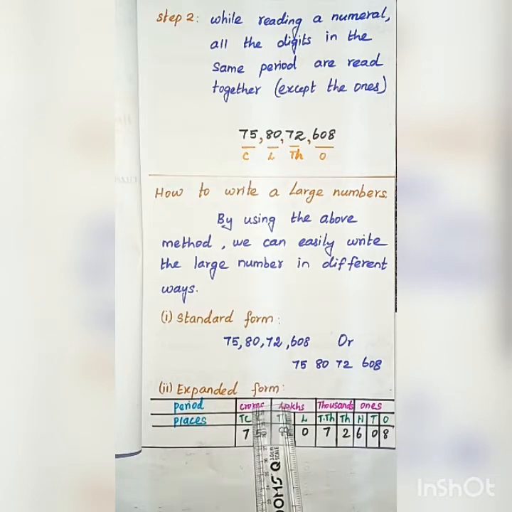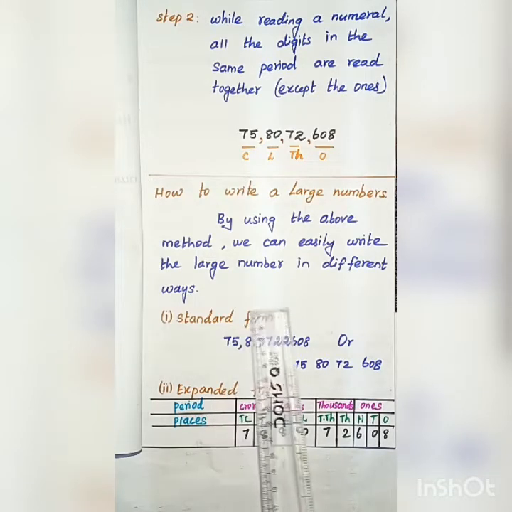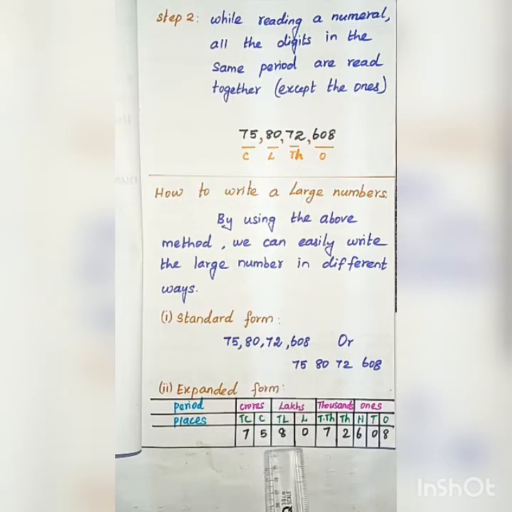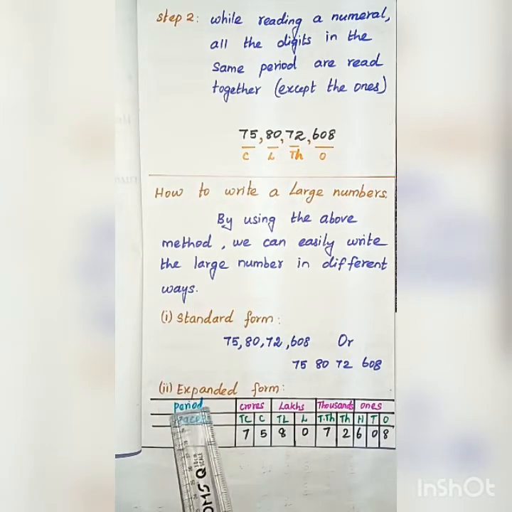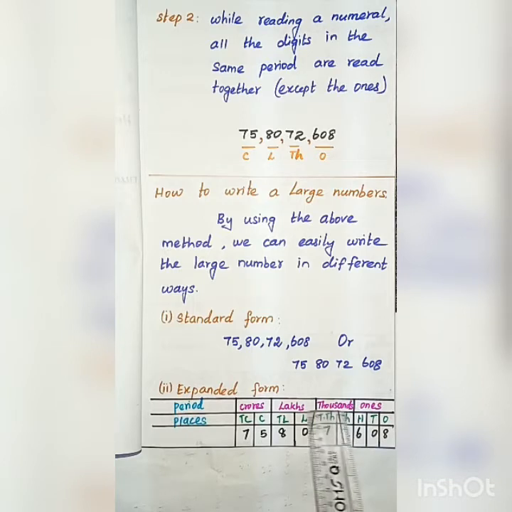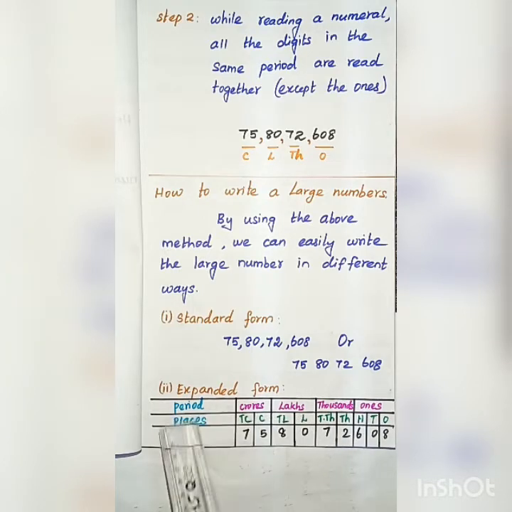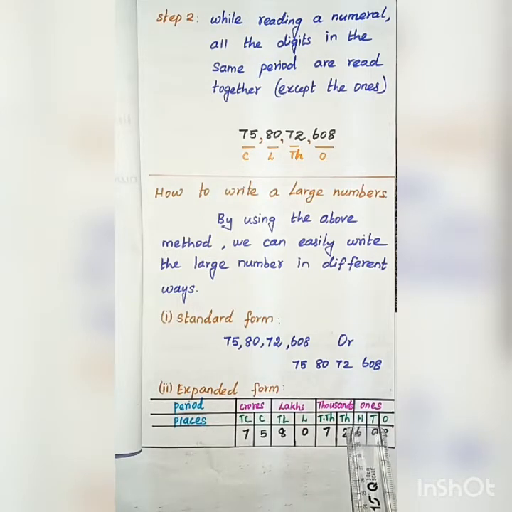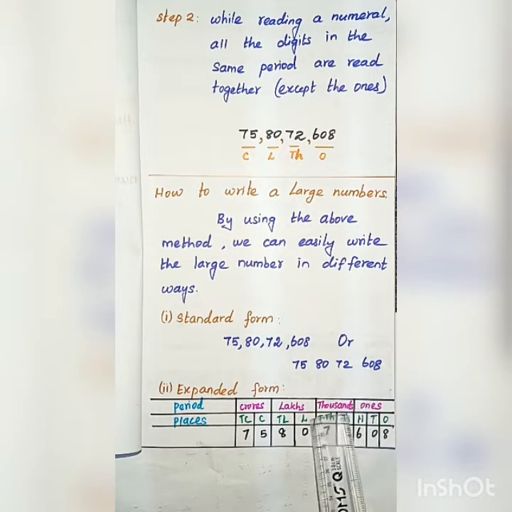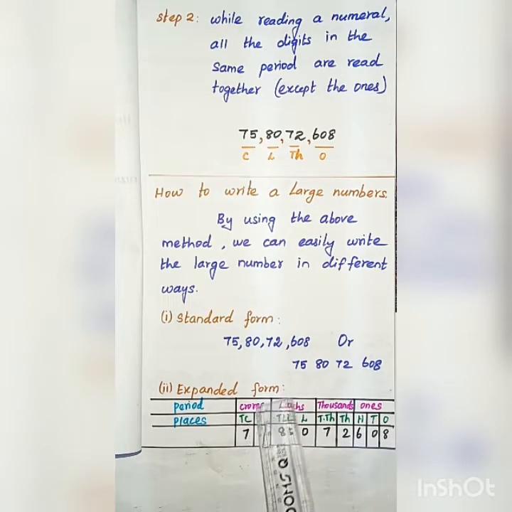Next, expanded form. You want to expand the given number in this way. First, periods: ones, thousands, lakhs, crore. Next, places: ones, tens, hundreds in the ones period; 1,000, 10,000 in the thousands period; lakh, 10 lakh in the lakhs period; crore, 10 crore in the crores period.